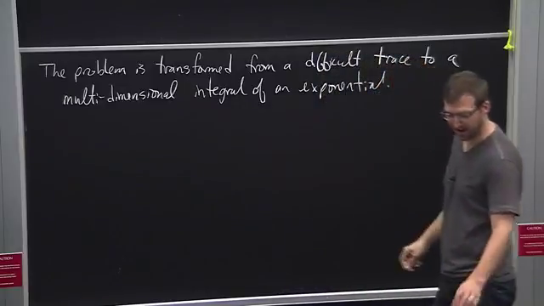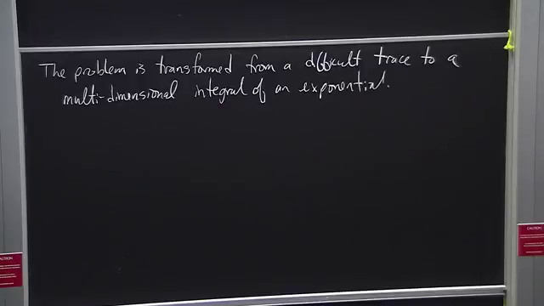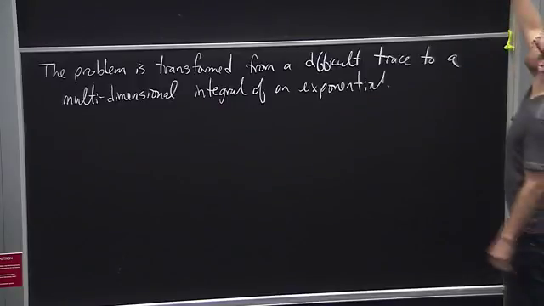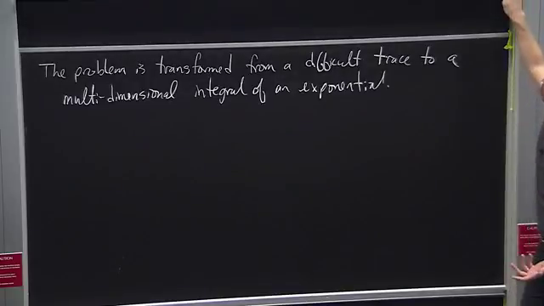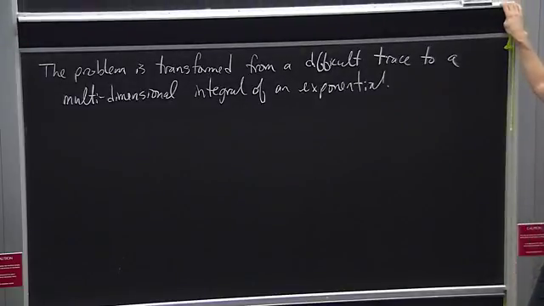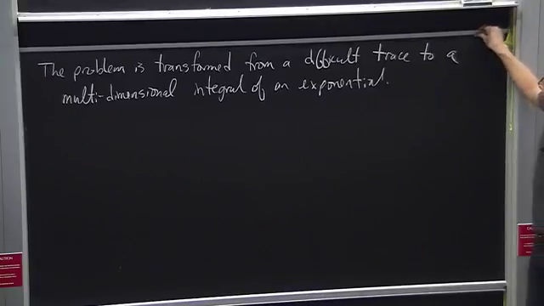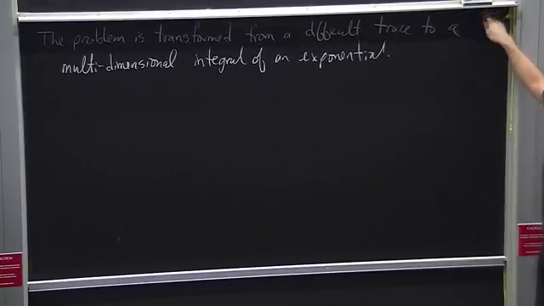Depending on the form of that action S, you can either directly do that integral analytically or not, essentially. In this case, what we're going to do first is look at the simplest approximation to doing this integral.